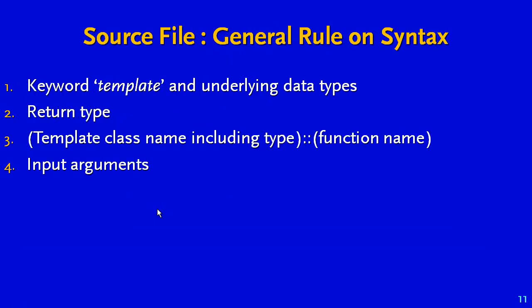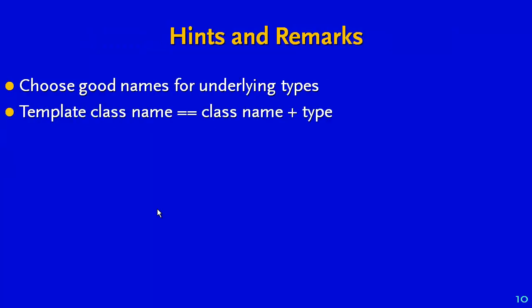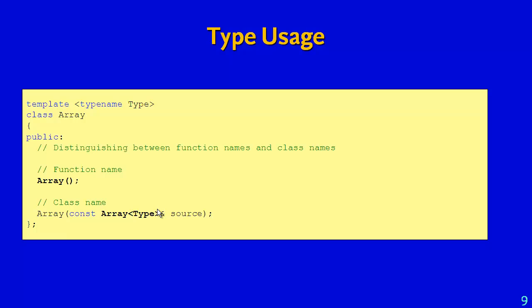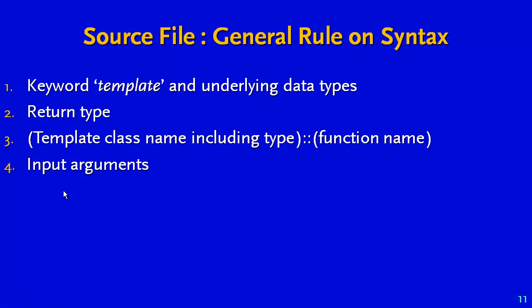Now, how are we going to write my source file? You can imagine I've got the default constructor and the copy constructor plus many more, and I want to define the functions in a CPP file. That's no problem. The bad news is that for every function you have to tell it that it's a template function, and give the corresponding underlying data types.